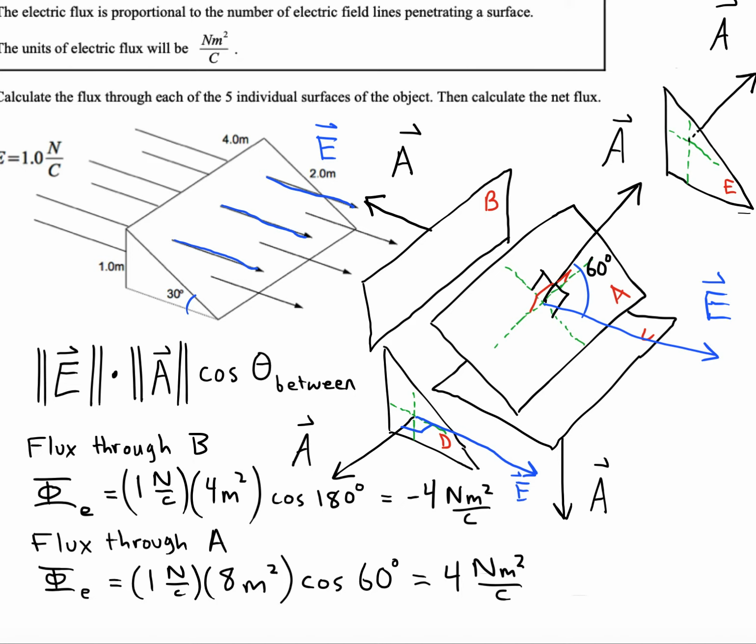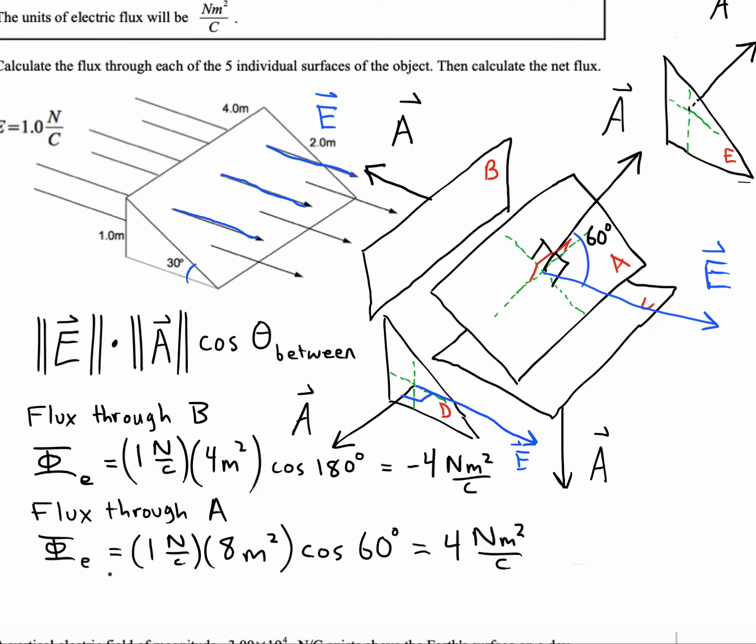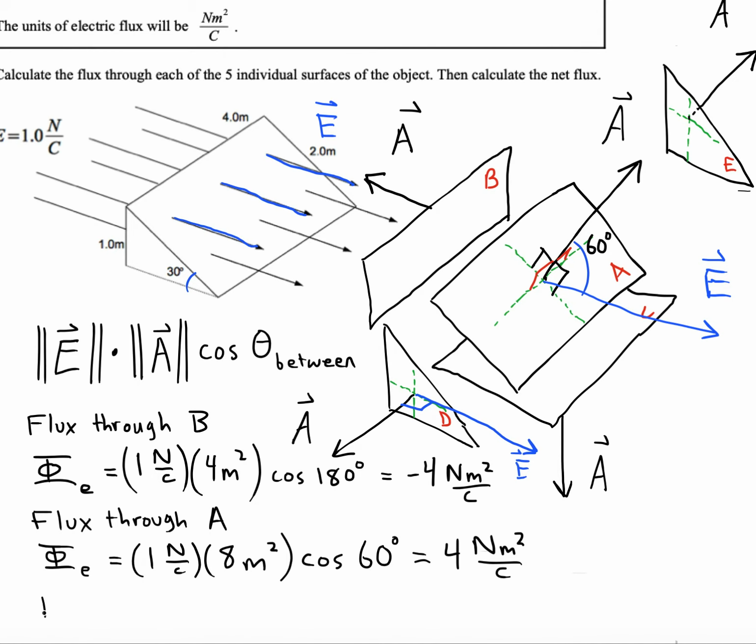It's like they're going right over it, but not through it. And so, for C, D, and E, the electric flux will be 0.